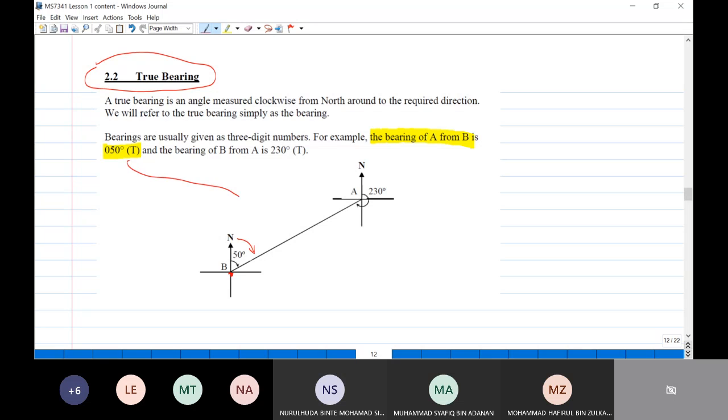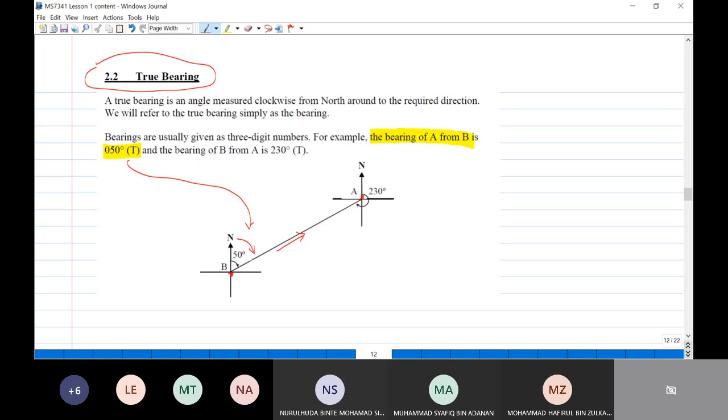Bearing 50 degrees from B. Then you find A. So when people describe the bearing of A from B, it means start from B, look out in the direction 50 degrees from the north, and then you find A.